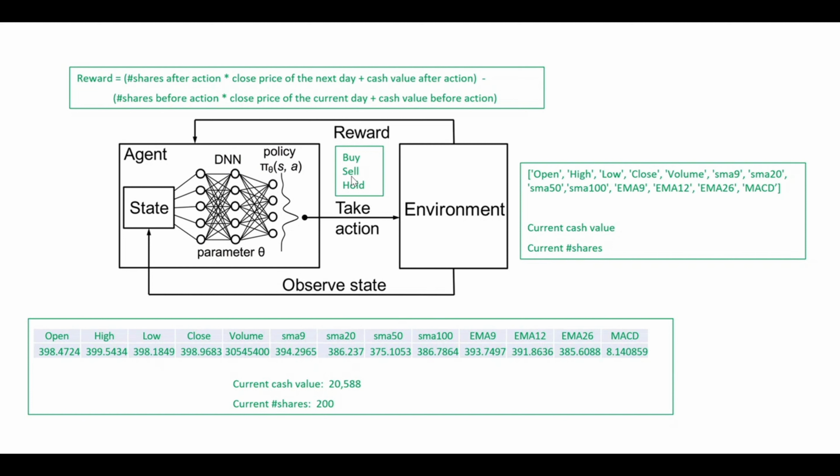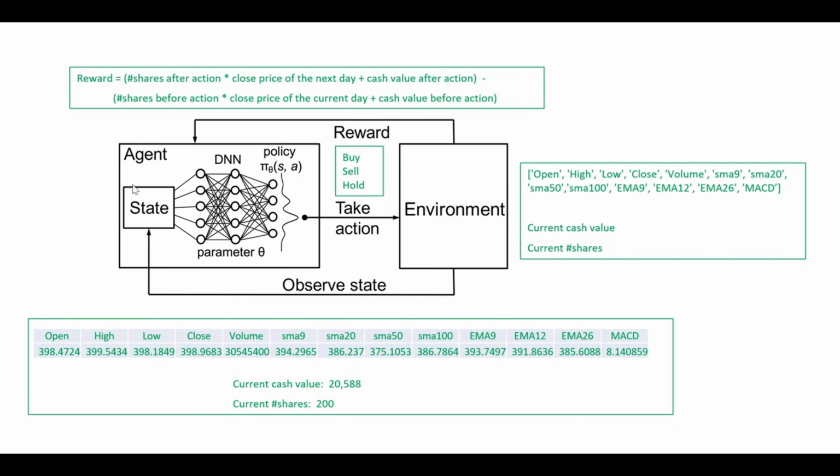Again, action is one of these three: buy, sell, or hold. This action will have an effect on the environment by bringing the state of the environment to the new state. And that effect on the environment will bring the agent a reward, an account value change, right? And then we continue this process.